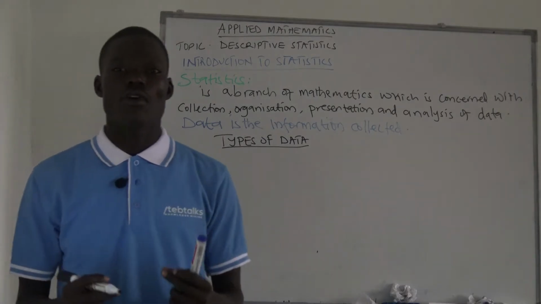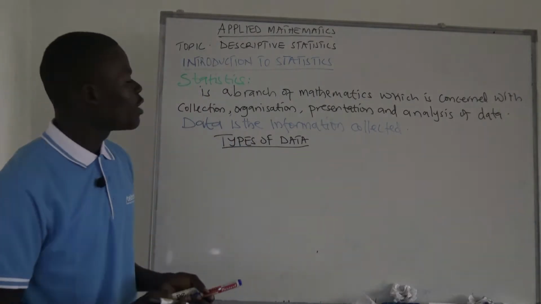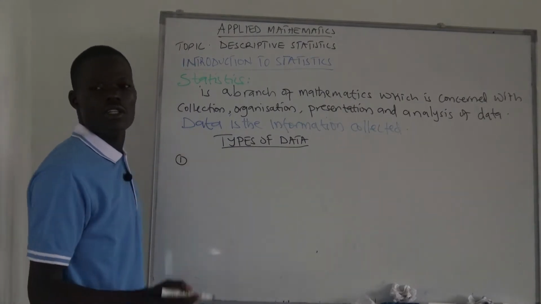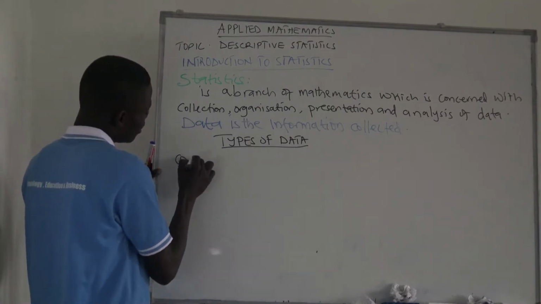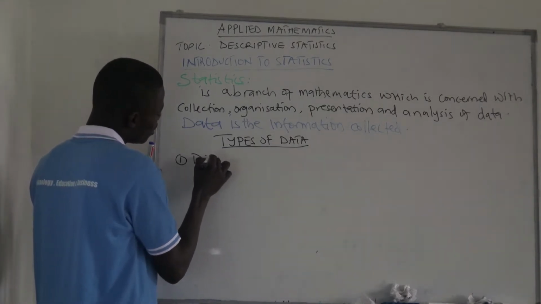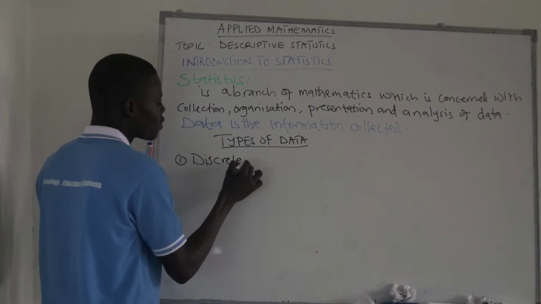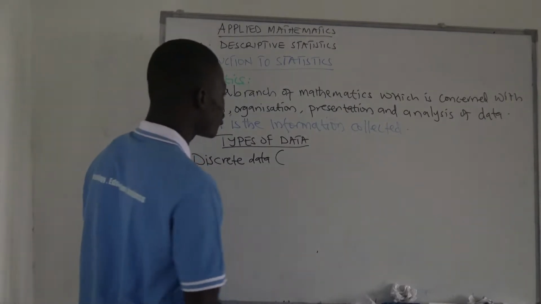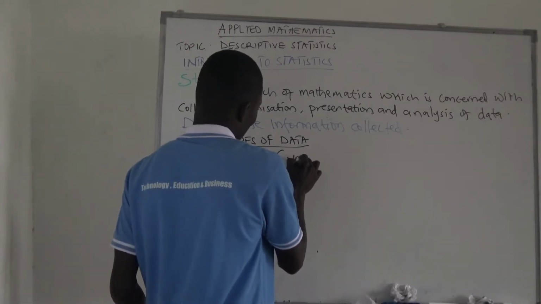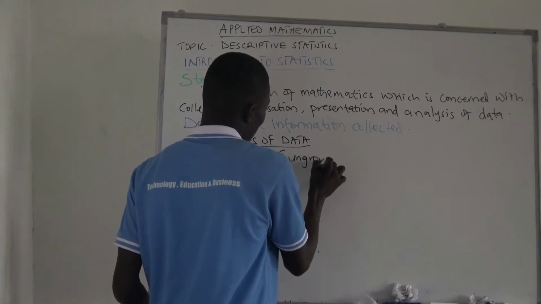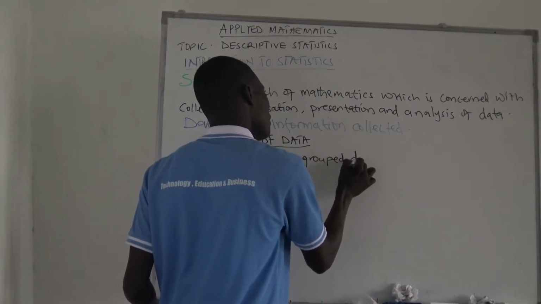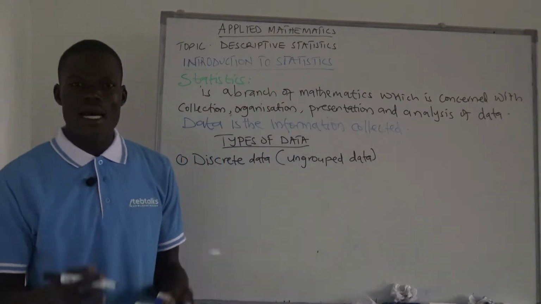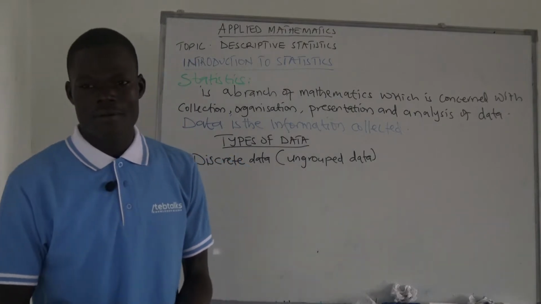We have two types of data. The first one is called discrete data. Sometimes we call it ungrouped data.